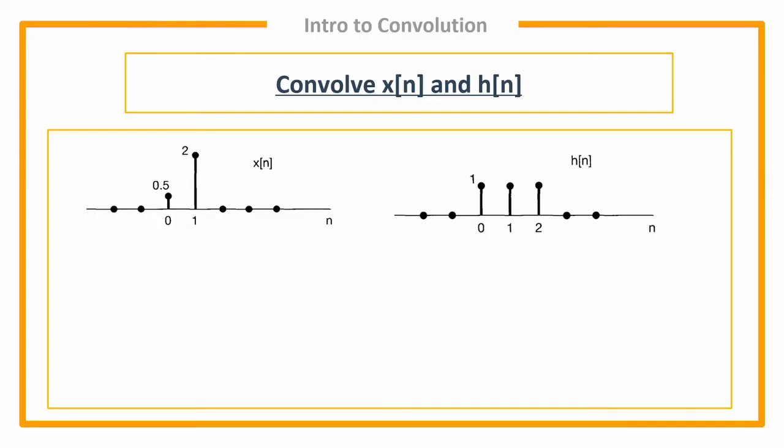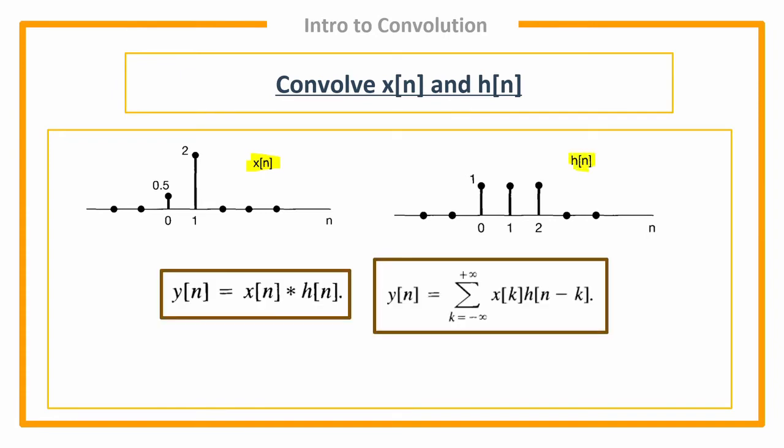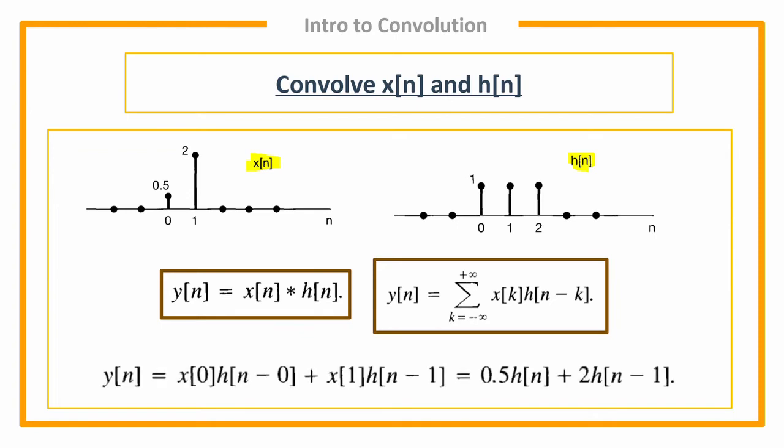We now try to understand convolution with an example. Consider an input signal x of n and an impulse response h of n. We now need to convolve x of n with h of n to find the output signal y of n, and it is given by this expression.